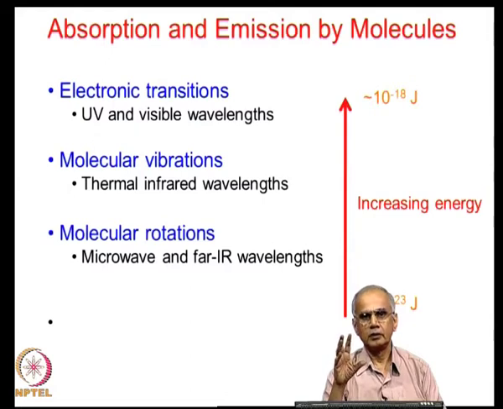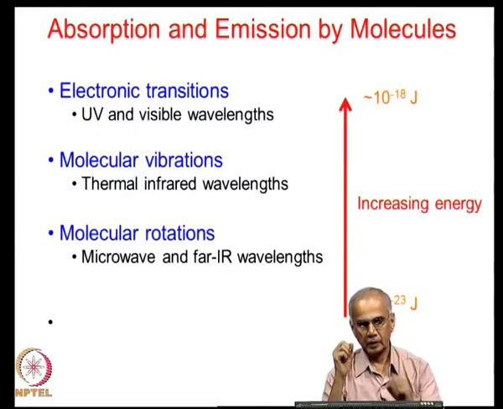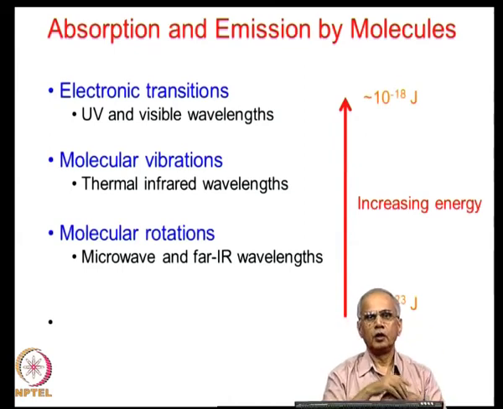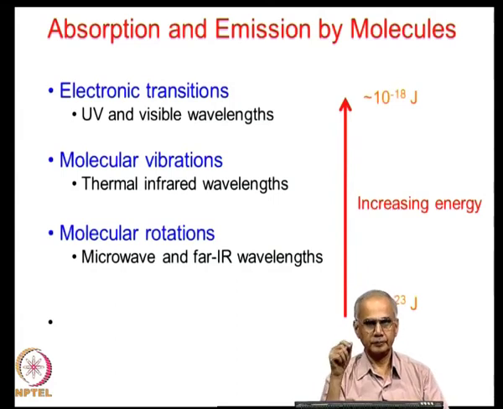Molecules vibrate about their center. So, when a photon is absorbed, the molecule may vibrate more rapidly, or it may rotate faster, or it may undergo an electronic transition.